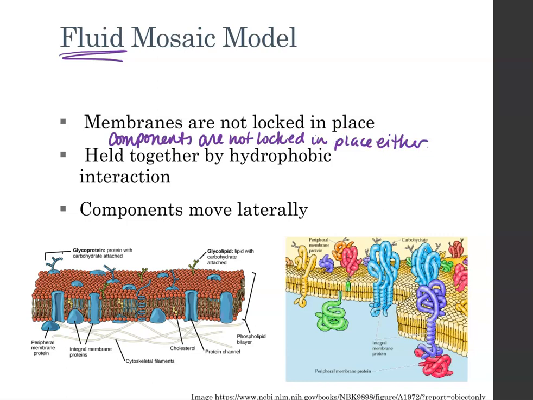And anything that is embedded in a membrane is going to have a hydrophobic region that is attracted to those phosphate tails, and a hydrophilic region that is attracted to the water and the hydrophilic heads. And that's going to help hold them in place. They're basically held together by attractions and repulsion.